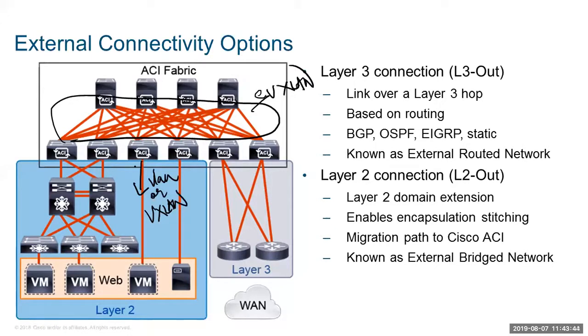And of course, it could be even over a VPC. This is usually always used for a migration path.